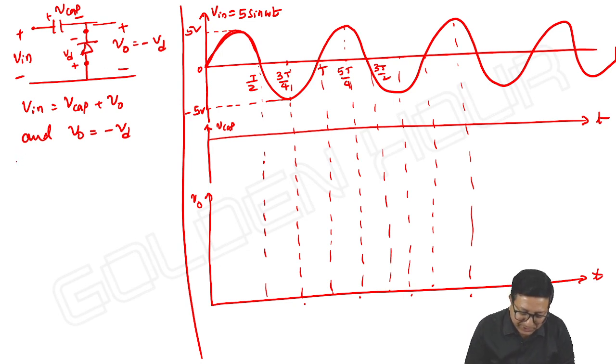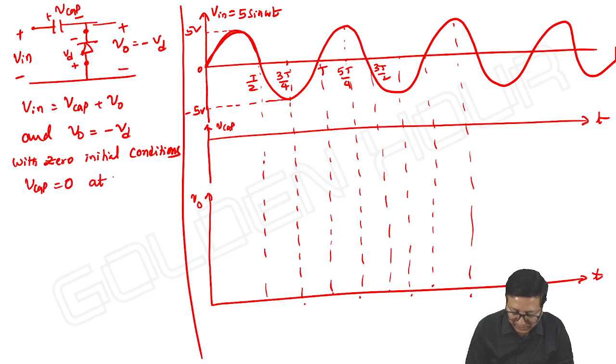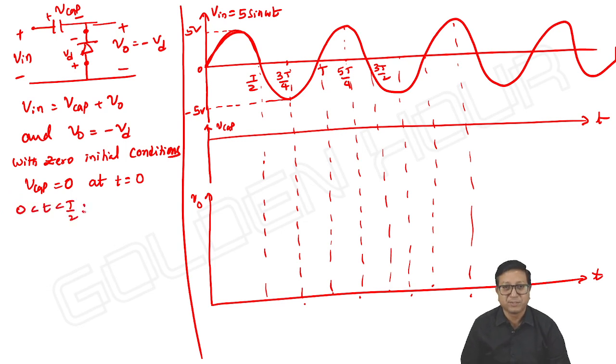Next, with 0 initial conditions, V capacitor is equal to 0 at T is equal to 0. Okay, done. Next, let us take over the first half cycle, 0 to T by 2.